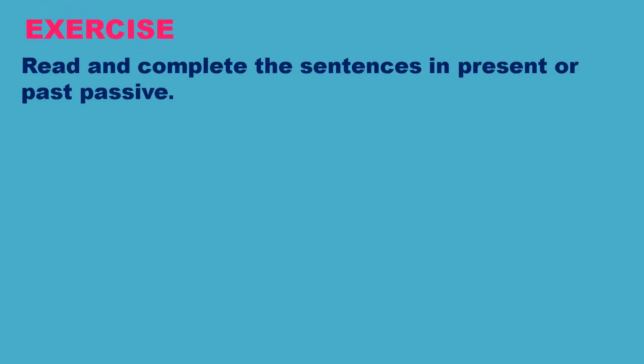Okay. Exercise. Read and complete the sentences in present or past passive. Remember, this is a topic we have practiced in Unit 10. Present passive: verb to be in present, is or are. Past passive: verb to be in past, was or were.